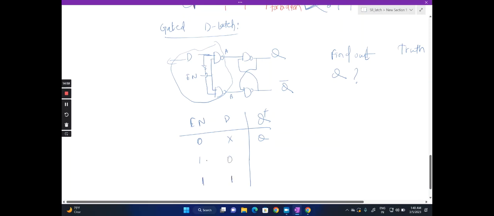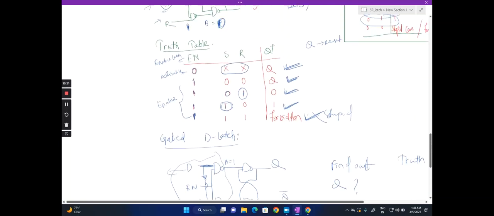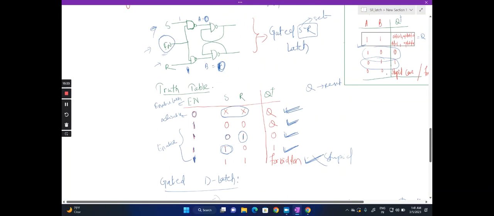So when D is 0, A will be 1 and B will be 0, because of the NOT gate, it will be 1 and 1 1 1, after an AND it will be 0. So for 1 and 0, from this truth table, we will get 0.